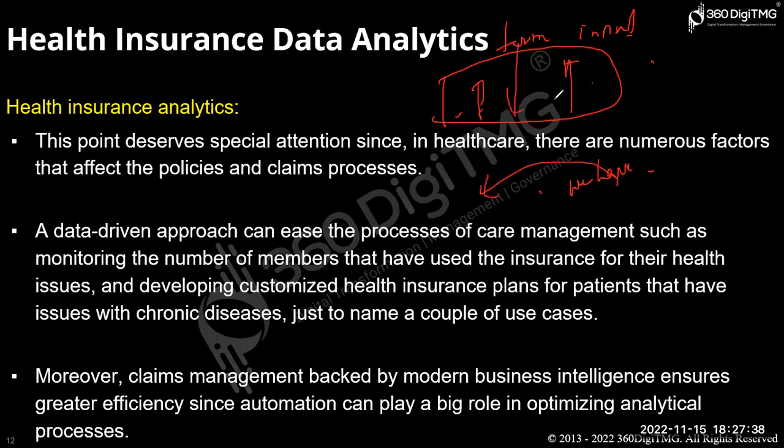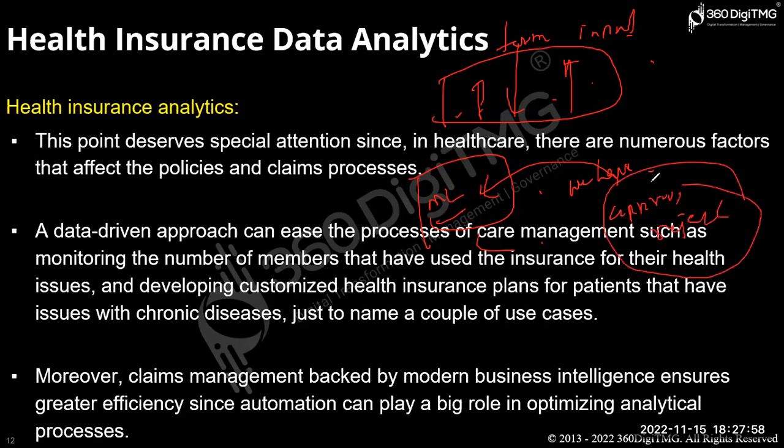Whatever inputs he gives, the machine learning model simply processes it. It is not possible to go through each and every condition; instead, machine learning models go through it, and based on that, the machine learning model will decide whether we should approve that claim or reject it.